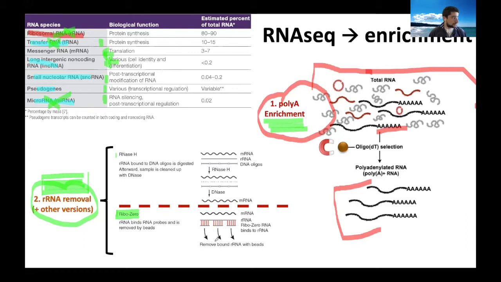Then you're able to remove the ribosomal RNA that is bound to the beads, and everything in the supernatant is basically not ribosomal RNA. The other approach, which is cheaper in terms of cost of reagents, is the RNase H approach. Ribo-Zero is the approach that Illumina historically used, and RNase H is the approach that both Kapa and NEB use right now.